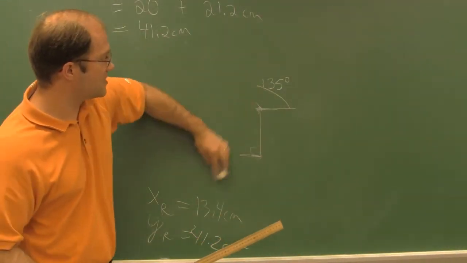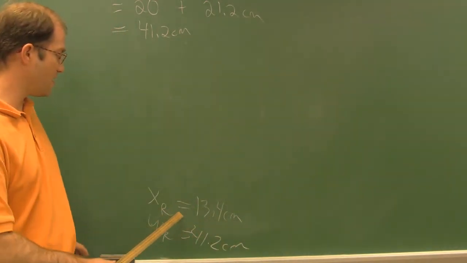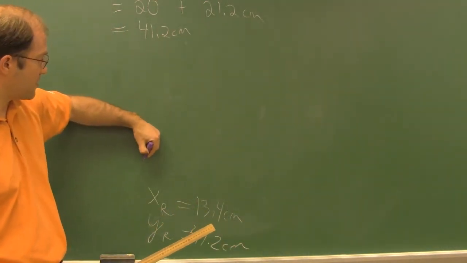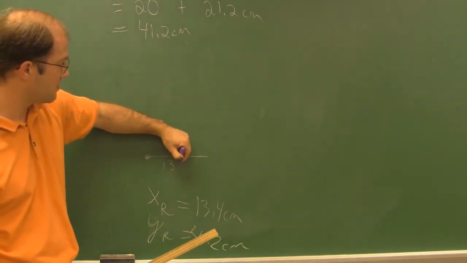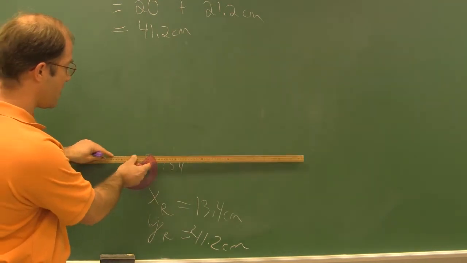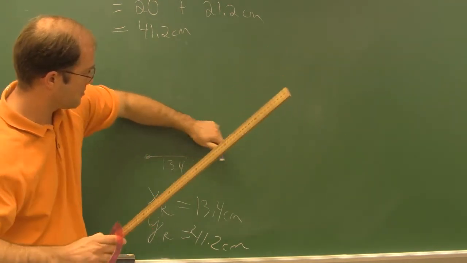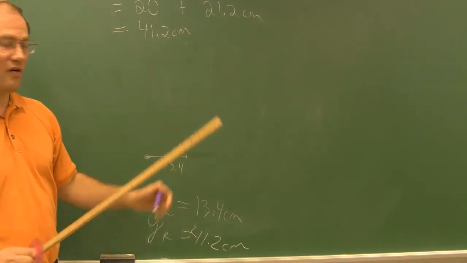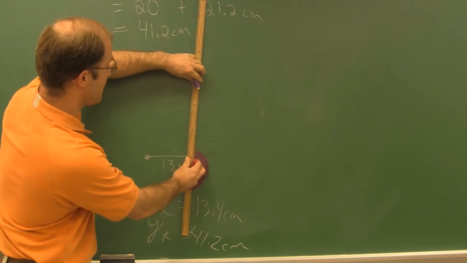Okay, so let me get rid of these old vectors. We don't need them anymore. We've determined an overall horizontal, let's start at the same place, of 13.4. So let me measure that out. 13.4, it's about to the right there. And then an overall vertical, we're going to make right angles, of 41.2.